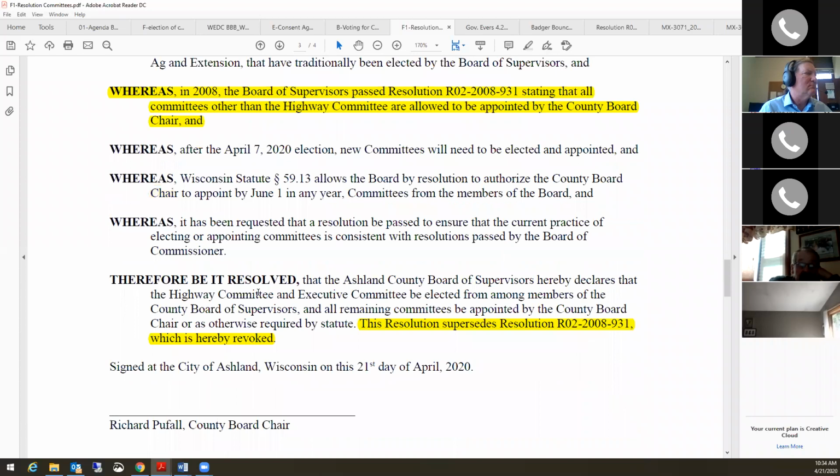The highway committee and the executive committee are elected from among the members, and the remaining committees are appointed by the county board chair or as otherwise required by statute in certain circumstances. Okay, where the administrator would make appointments. All right. So those two, the highway and the executive, would be elected from among the members. Okay.